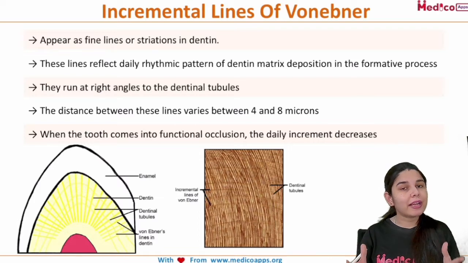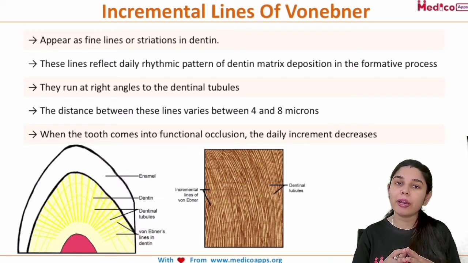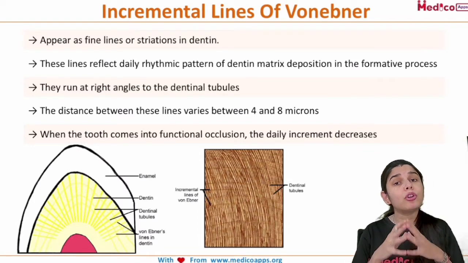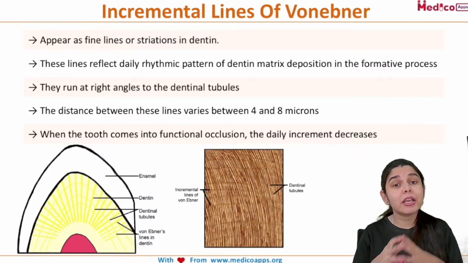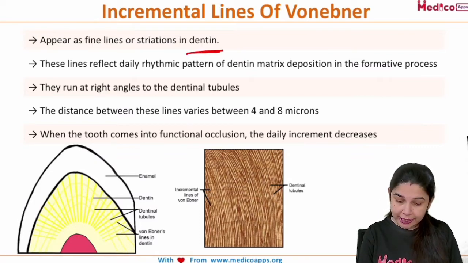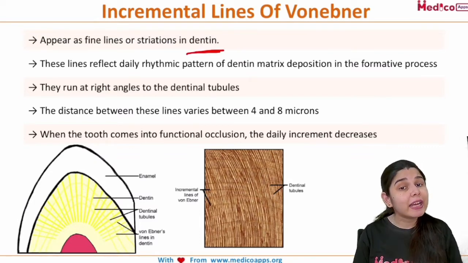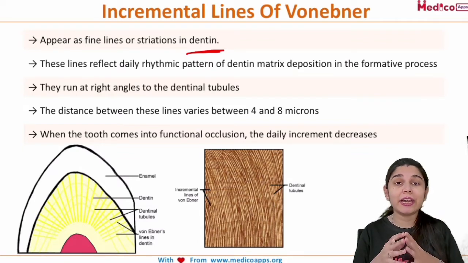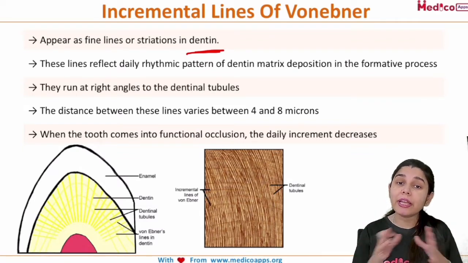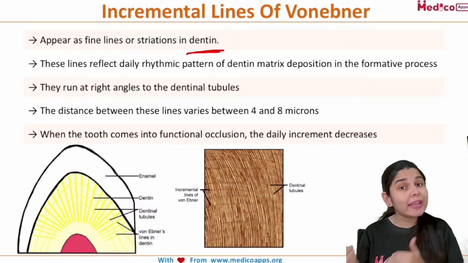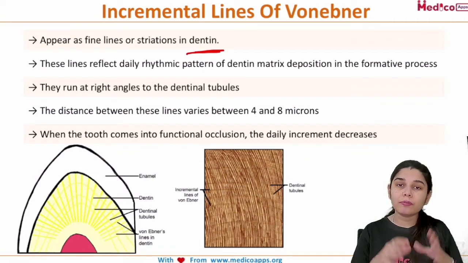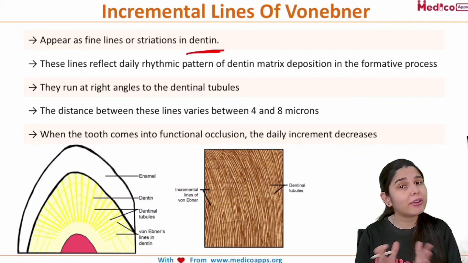What exactly are the incremental lines of Ebner? These are also normal incremental lines, found in the dentin. They are fine lines or striations in the dentin. Why are they seen and how are they seen? Dentin formation is a rhythmic process.